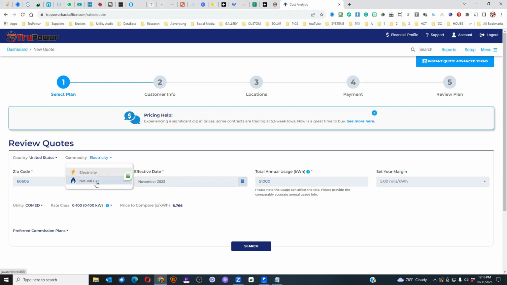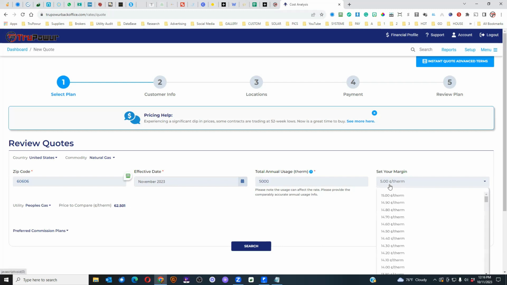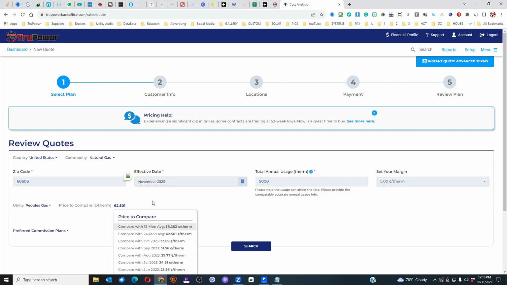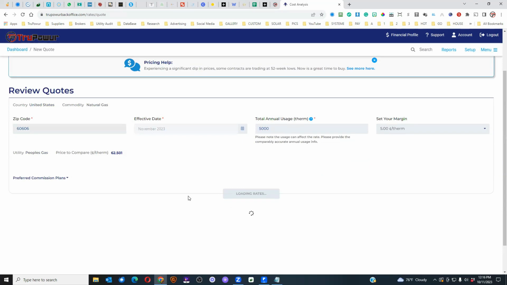So if we're talking about natural gas, we need to change that to natural gas and then put in whatever their usage is. You can select your margins. By default, it's set to 5 cents per therm, which is the equivalent of 5 mils for the electric. And the price to compare, you want to put whatever it is that they're currently paying. And we're going to go over how you calculate that in just a moment. And from here, you can hit search.